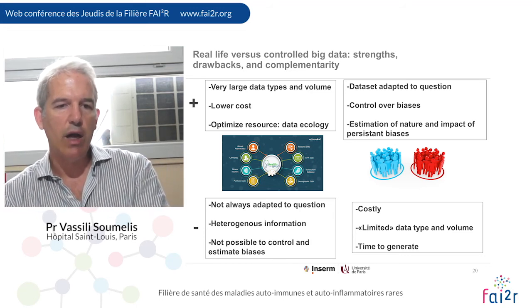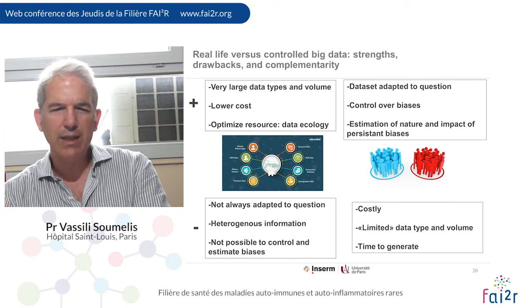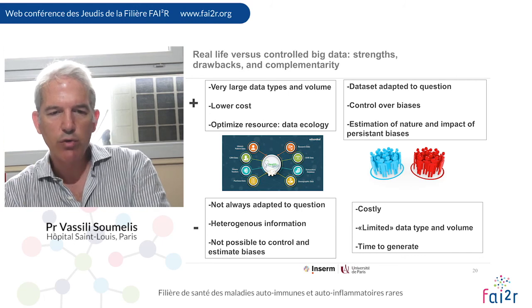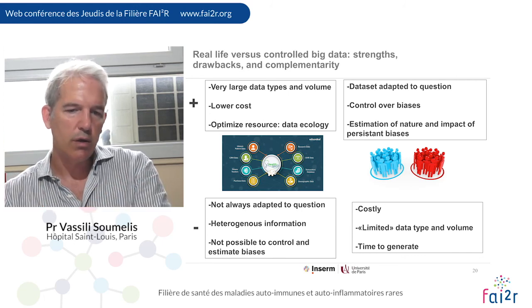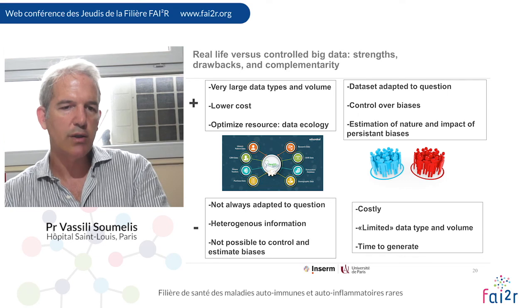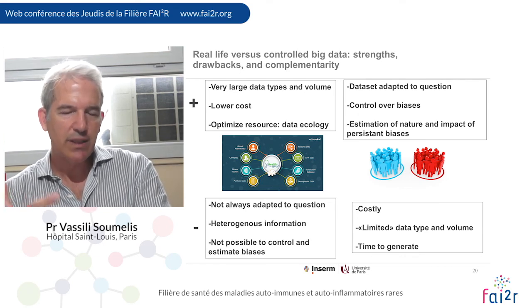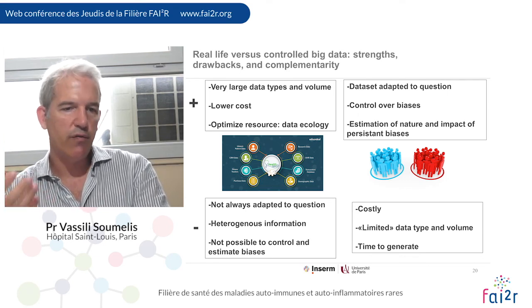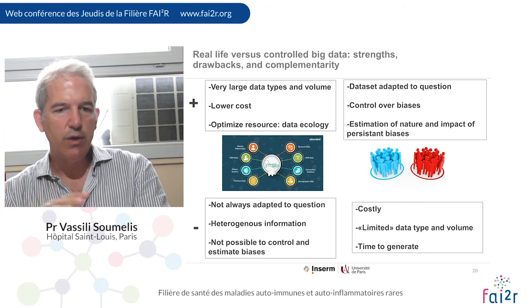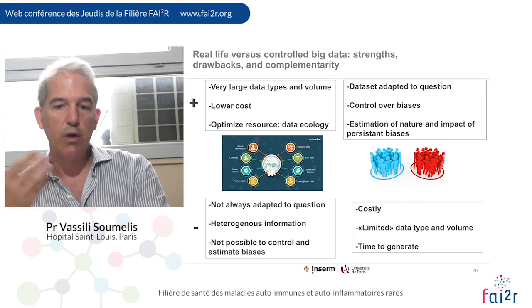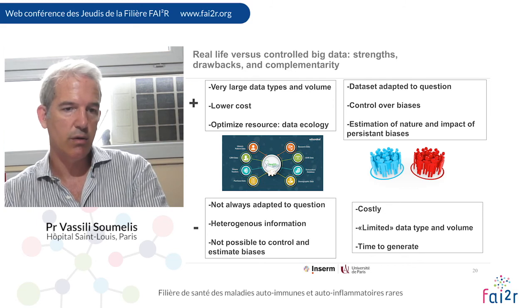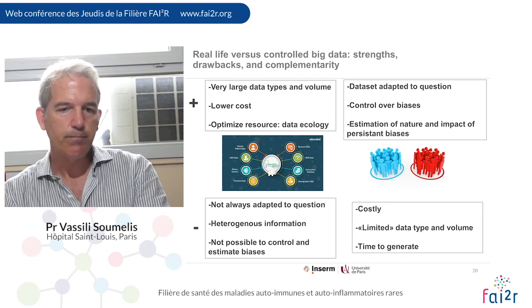And on the left, you have the real life or real world data or already available big data for which we don't control the data generation process, but that can still be a very important source of information at a very lower cost for the teams that are accessing those data.